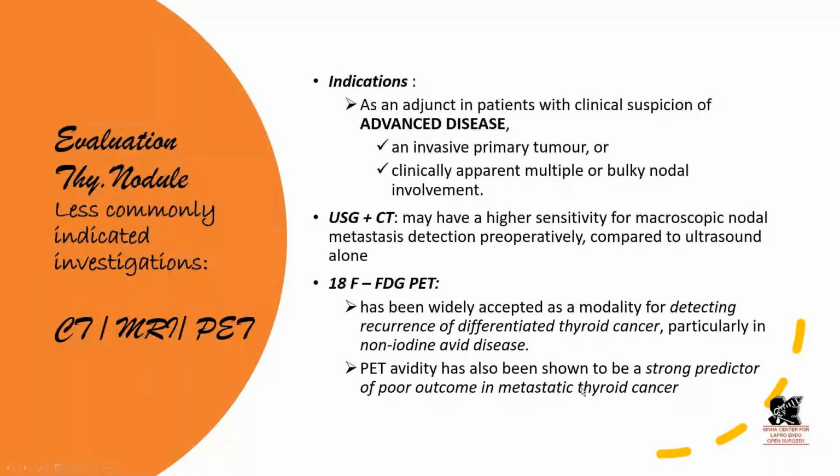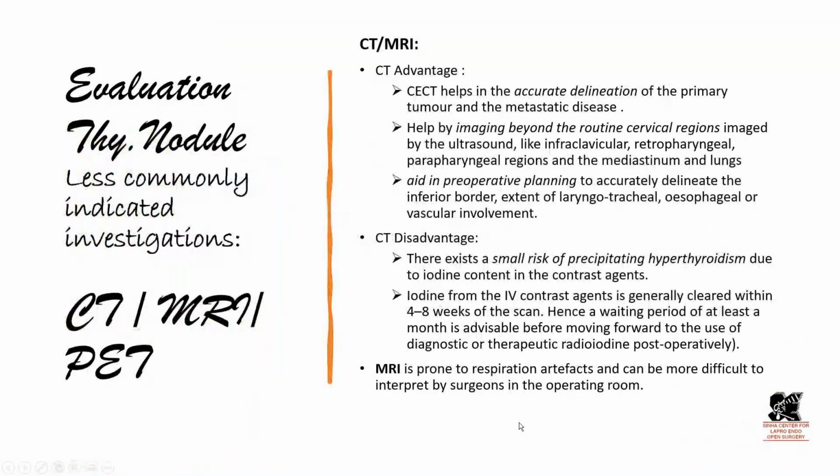It is a strong predictor of poor outcome in metastatic thyroid cancer. Basically it means that if the PET scan is positive, then the patient has got a poor outcome. The CT is probably the most important among these less commonly indicated investigations, and CT helps in accurate delineation of the primary, accurate delineation of the neck secondaries.